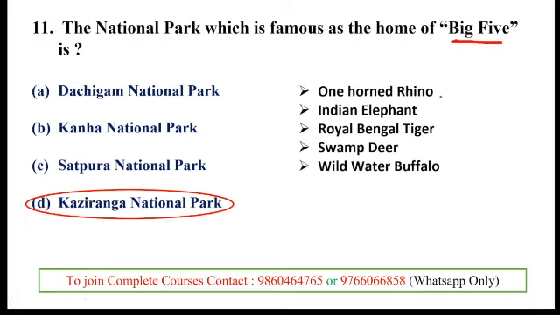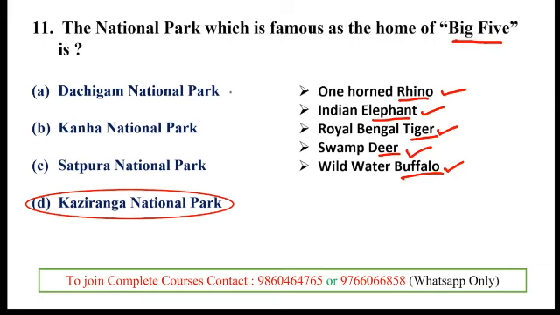The one-horned rhino, Indian elephant, Royal Bengal tiger, swamp deer, and wild water buffalo. You can simply remember: rhino, elephant, tiger, deer, buffalo. These are the Big Five, and their home is Kaziranga National Park.